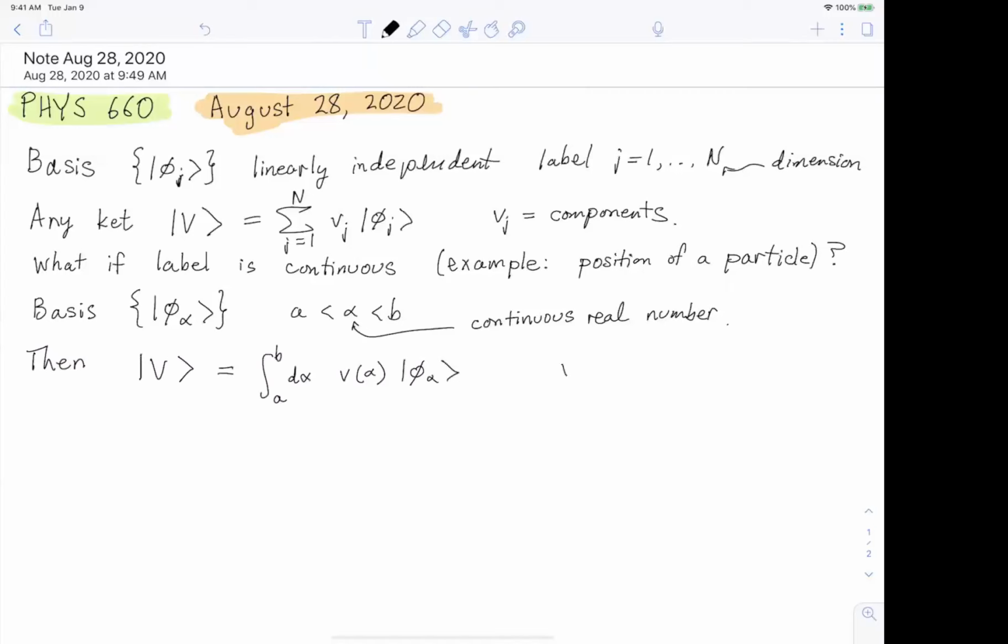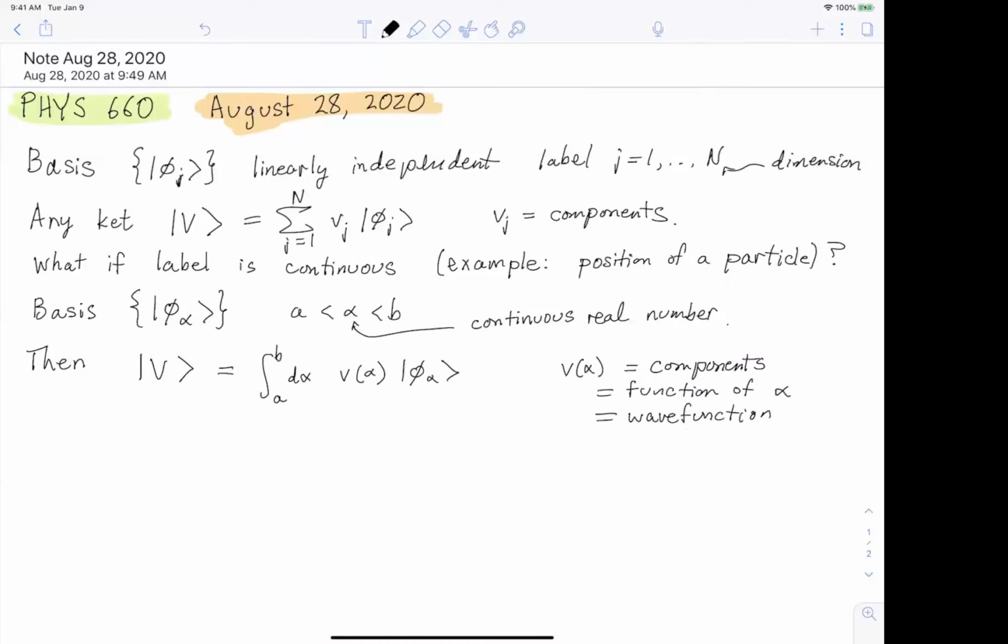So again, V of alpha are known as the components, but in this case, they're functions of alpha. And in the case where alpha represents x, let's say, the position of a particle, this is the wave function, about which we will have much more to say later, of course.